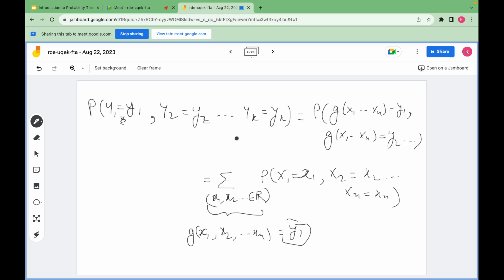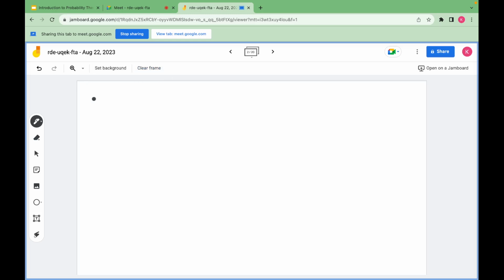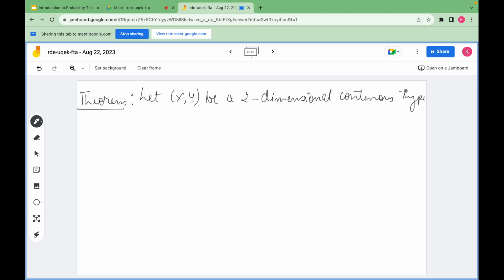Now we will introduce a theorem. Let (x, y) be a two-dimensional continuous type random variable with joint PDF fxy.